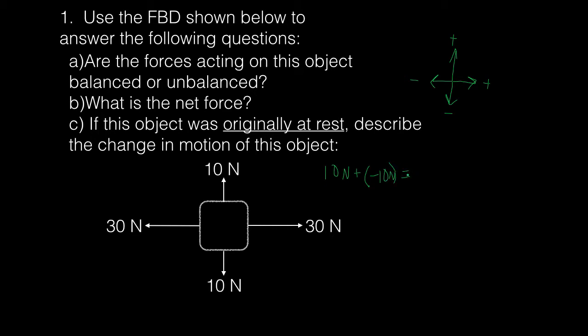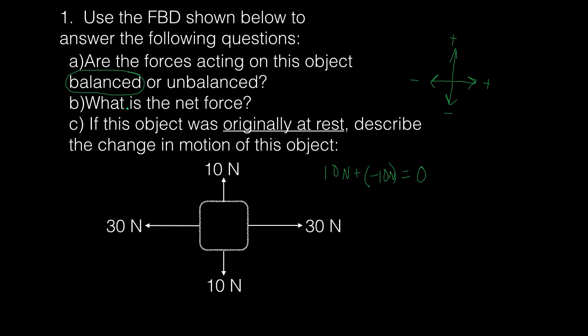And so you'll see that they add up to 0. And so there's balanced forces here. These are counterbalancing each other. If you look in the left and right direction, that is also the case. 30 to the left, which would be negative, and 30 to the right, which is positive, so they add up also to 0. And so in this situation, the forces are balanced.